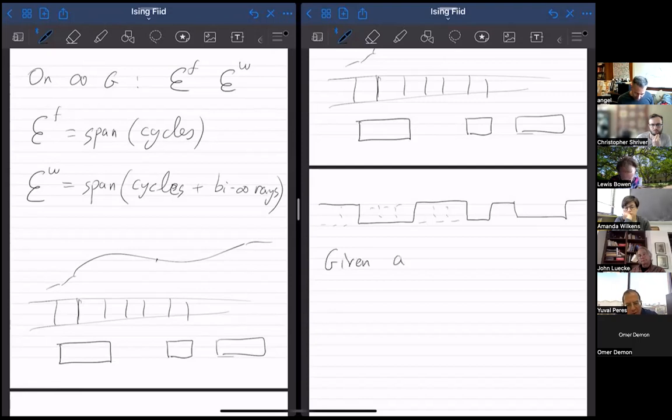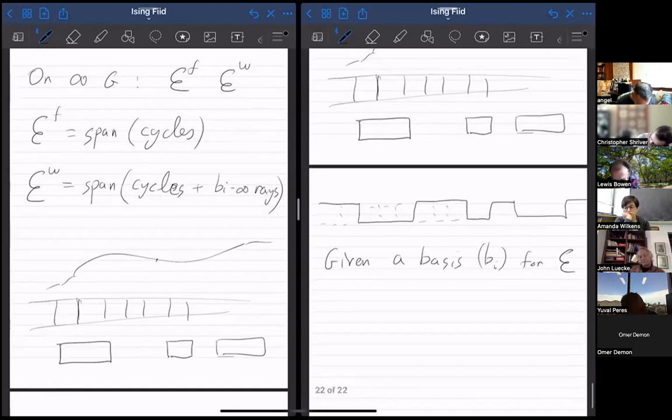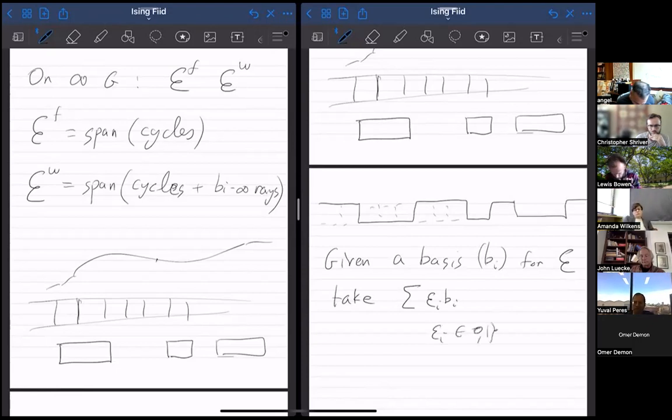Given a basis, let's call it b_i, for one of those even subgraphs, wired or free, depending on what you're doing, you can take just the sum of epsilon_i b_i, where the epsilon_i are independently 0 or 1. If you have a basis, this gives us a uniform element in the subspace. This is true for any basis of any vector space over Z2.